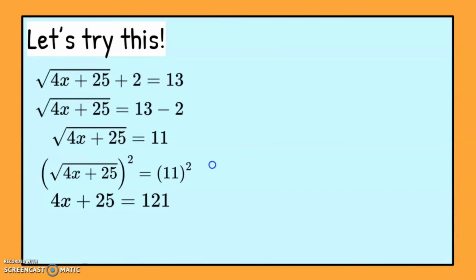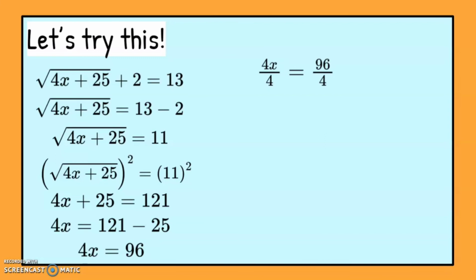So we have 4x equals 121 minus 25. 121 minus 25 is 96. Lastly, we have to divide both sides by 4. So we have 4x divided by 4, which is x, and 96 divided by 4 is 24. So the value of x is 24.